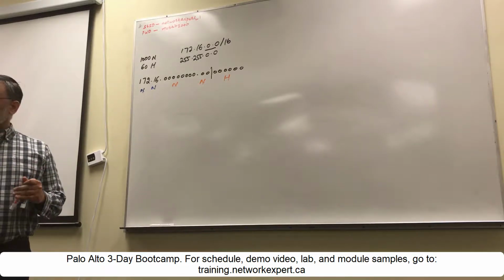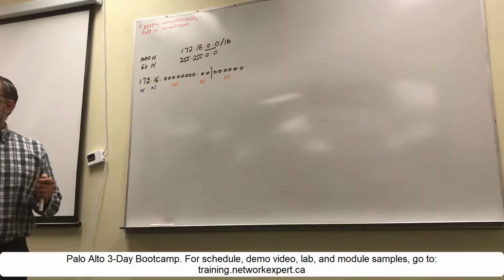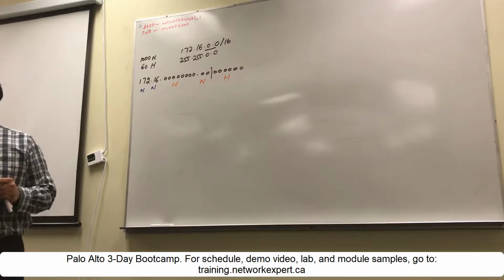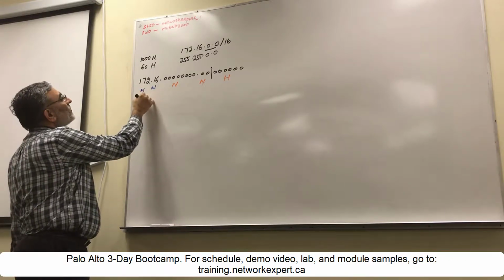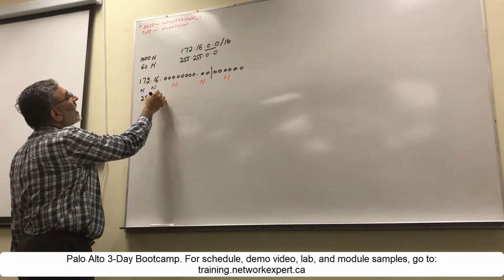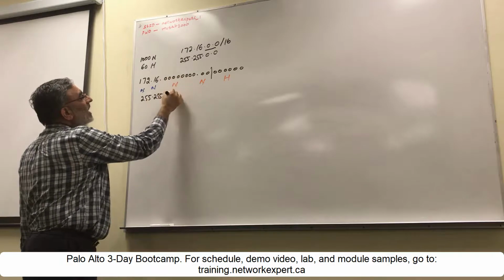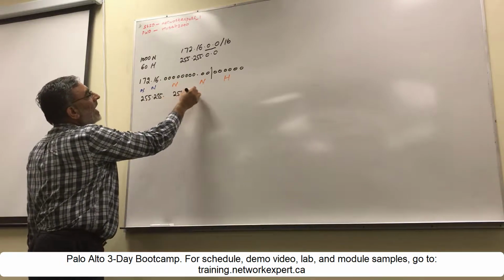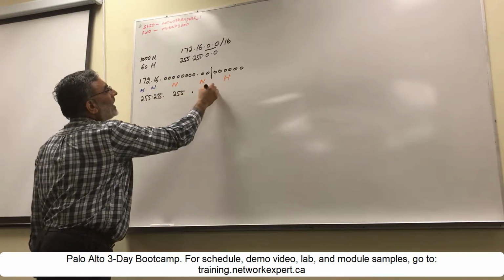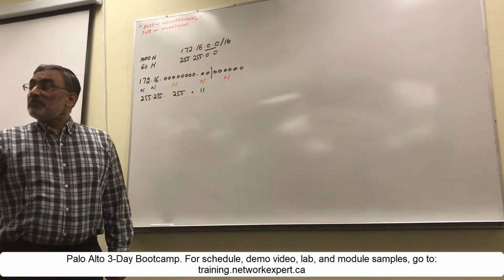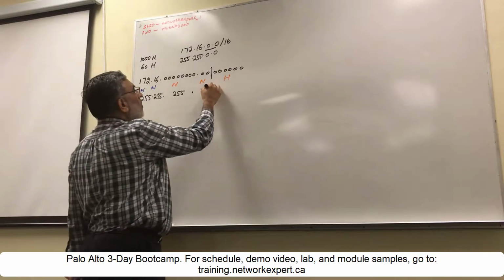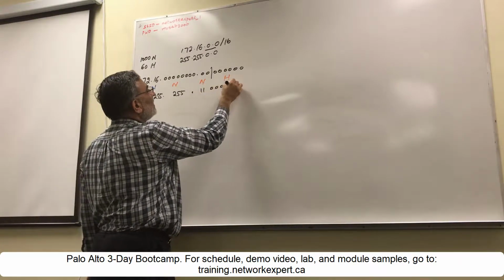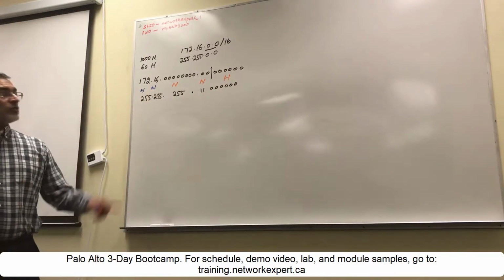We know how computers identify the network portion: we put all ones under it. So here it will be 255.255, and if I put all ones here, that will be 255, and then I put 1s for the new network bits, and in the subnet mask we put zeros in the host portion. Correct? So 1, 2, 3, 4, 5, 6.